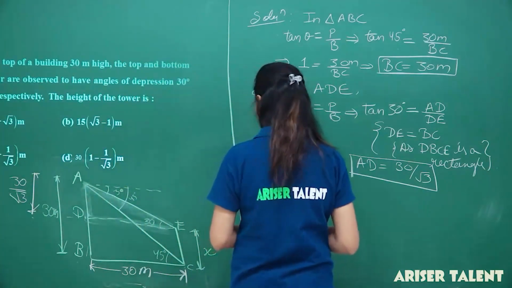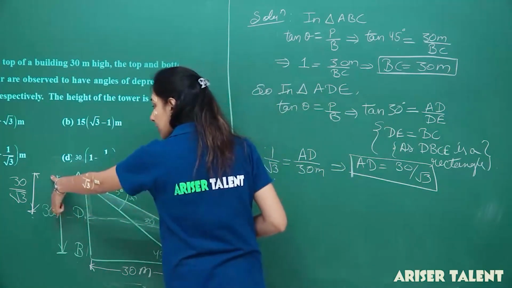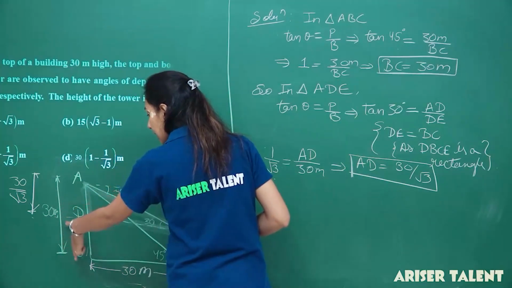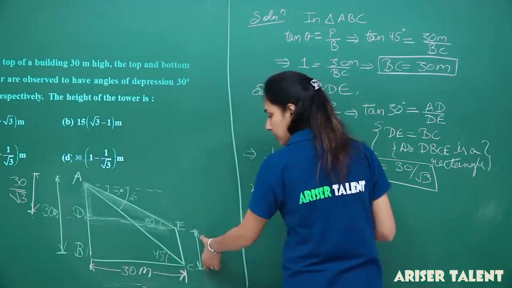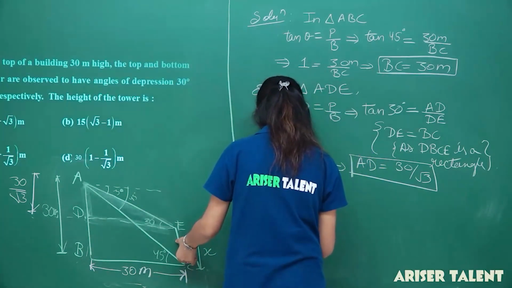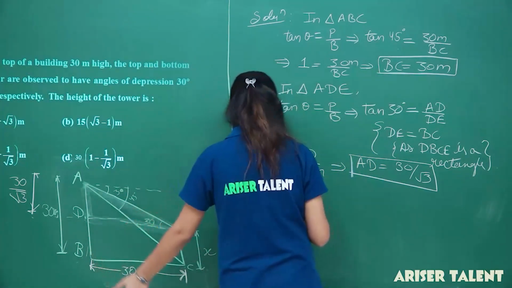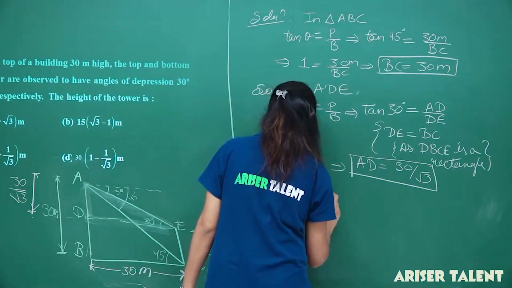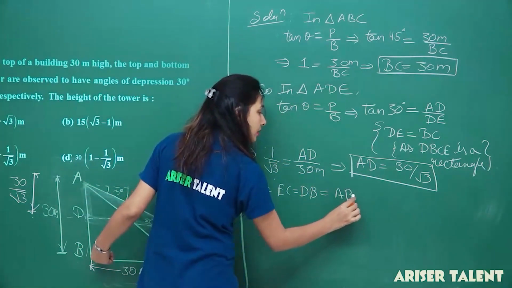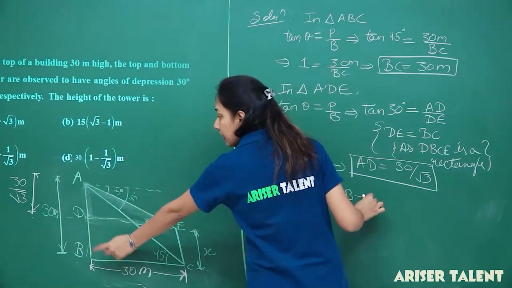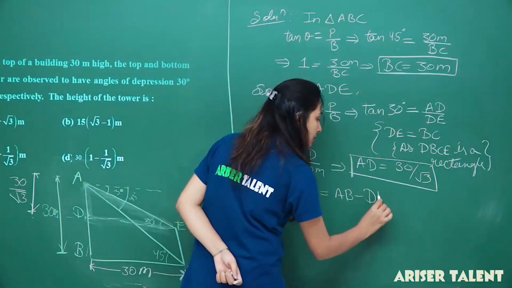Now students, if this is 30 by root 3 and this is 30, we can say that x equals EC, and EC equals DB, and DB equals AB minus AD.